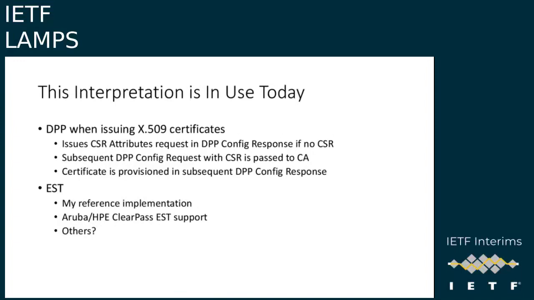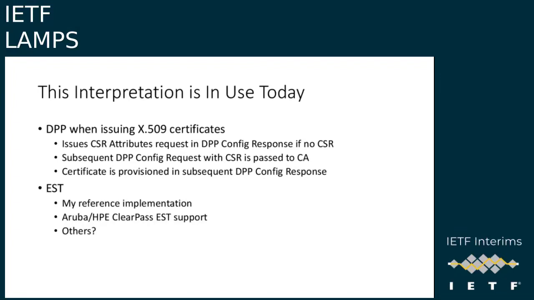So this is being used in a couple of places, and it's not a coincidence that these are all the places where I seem to have my fingers involved. But DPP, the device provisioning protocol, supports issuing X509 certs to things that it's provisioning, and the way it decides on how to issue certs is it basically just we copied the CSR attribute stuff from EST, and the interpretation of CSR attributes that at least I had that was in EST.